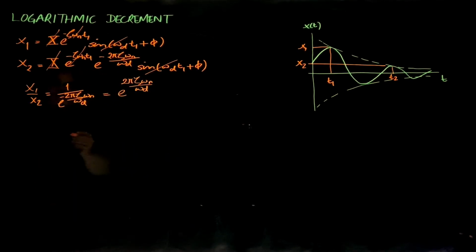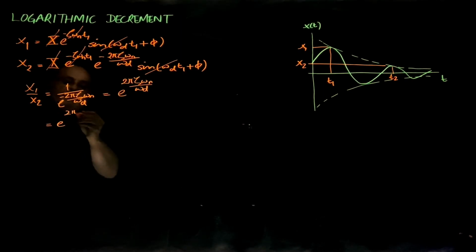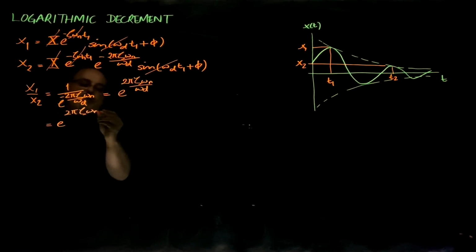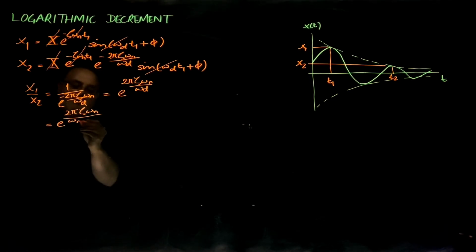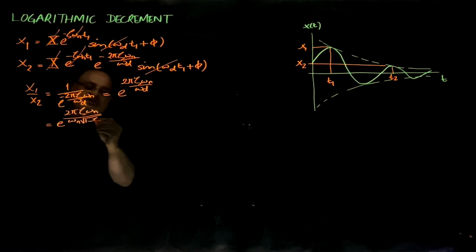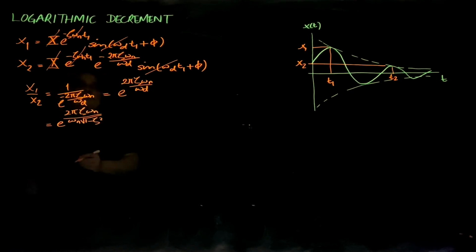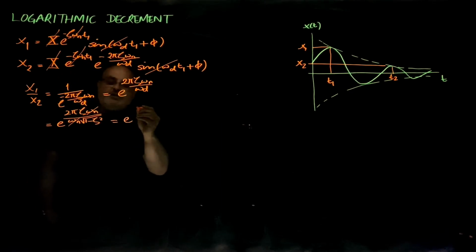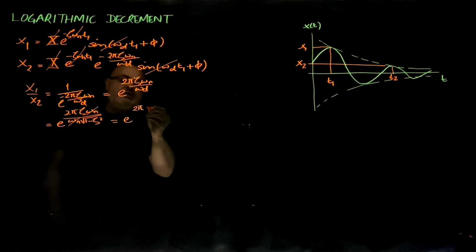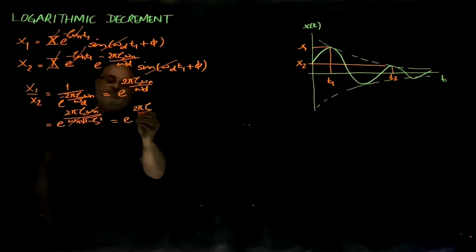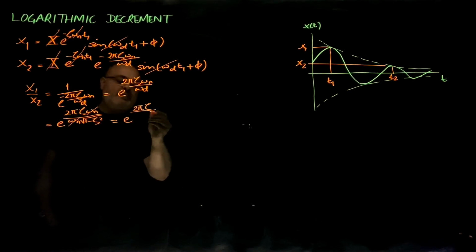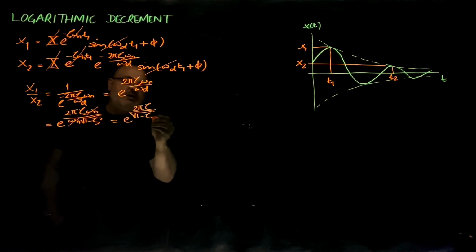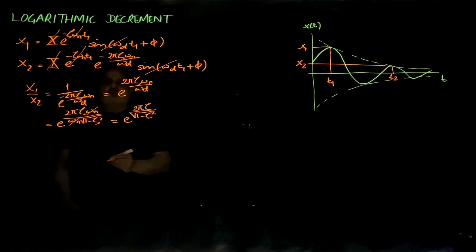But recall that omega d is omega n square root of 1 minus zeta squared, so that will also cancel omega n, and I will end up with e to the power 2 pi zeta divided by square root of 1 minus zeta squared.